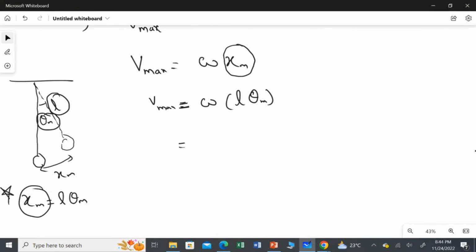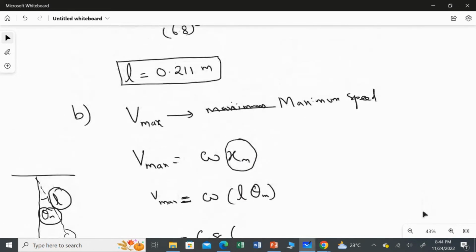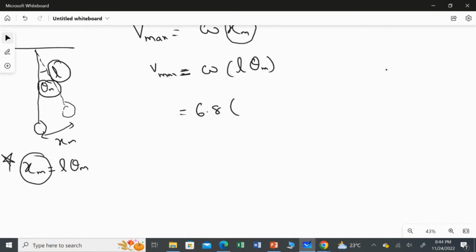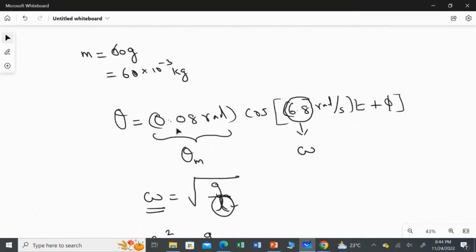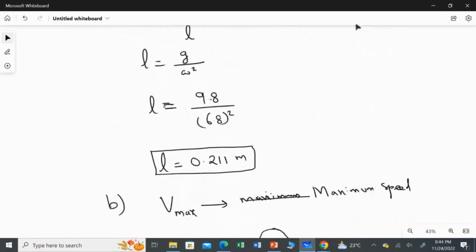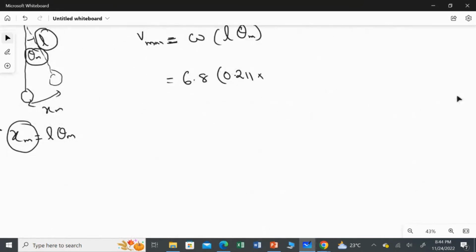So I have to substitute the value of omega, which is 6.8, multiplied by the length value which we found in the previous part, 0.211, multiplied by theta m, which is given in the question as 0.08.